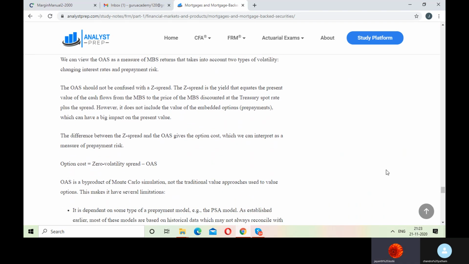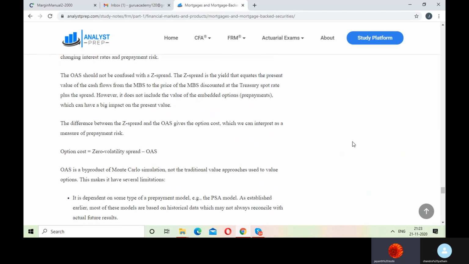The OAS should not be confused with Z spread. The Z spread is the yield that equates the present value of cash flows from MBS to the price of MBS discounted at the treasury spot rate plus the spread. So what does it mean? Z spread and OAS are different.